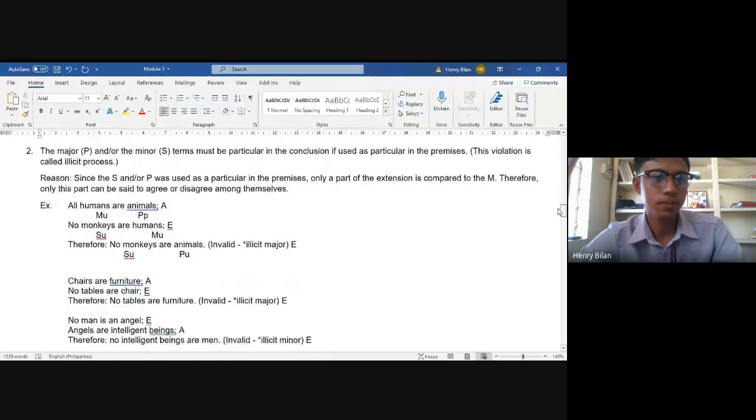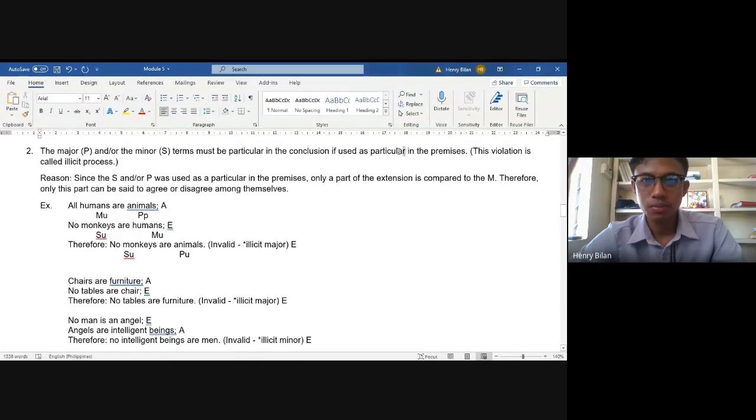Rule number 2, the major and the minor terms must be particular in the conclusion if used as particular in the premises. So if we violate this, we call it illicit process, or illicit major, or illicit minor. So simple lang ang sinasabi nito. Dapat magkapareho ng bilang.